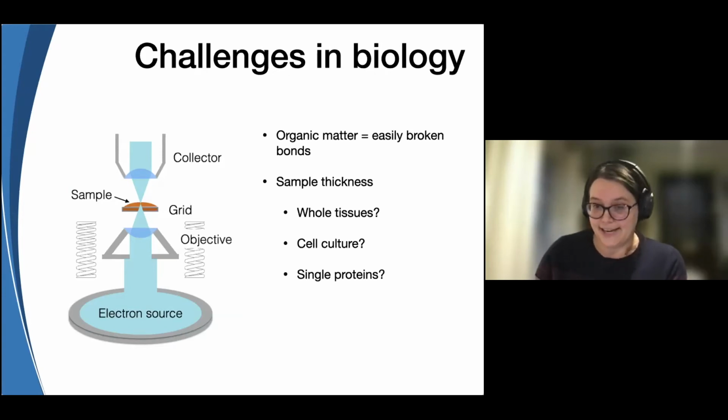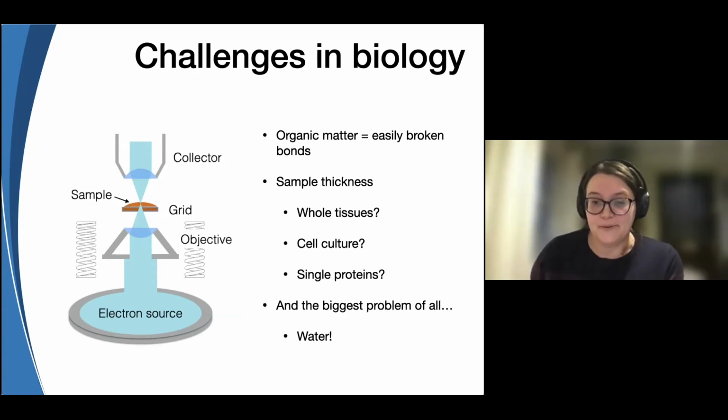The electrons are going to get absorbed in there, so you need to make sure that your sample's super thin, which you can probably imagine already is going to be a problem if you want to look at a tissue sample that's been biopsied out. You need to find a way to get that to be less than a couple of 100 nanometers. Single proteins are much smaller, maybe a few nanometers already, but you need to find a way of purifying them so that you can get them onto a grid and only look at that protein. So it's all quite complicated stuff.